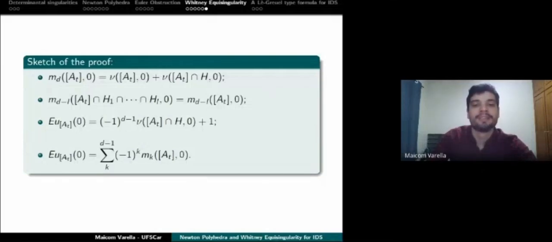And all the polar multiplicities but m_{d-1} are also constant on the family. Then by the last equality, the polar multiplicity m_{d-1} must be constant as well. Now, we have that all polar multiplicities are constant. Then, since this family is good, it is Whitney equisingular.